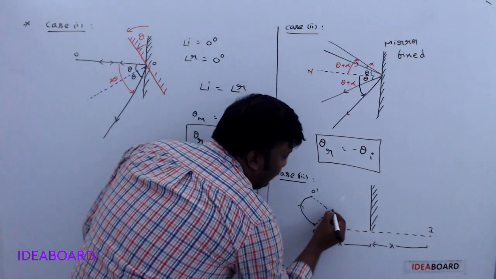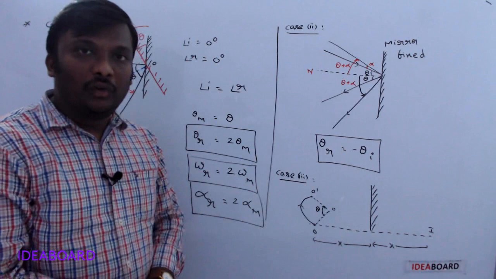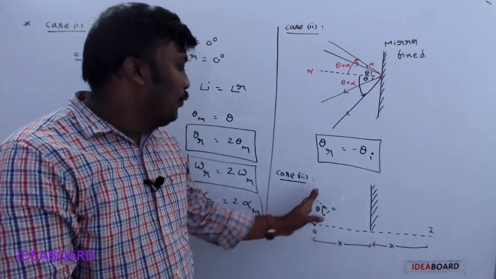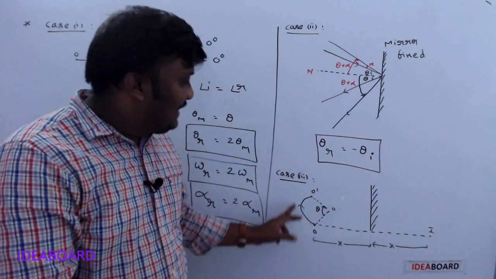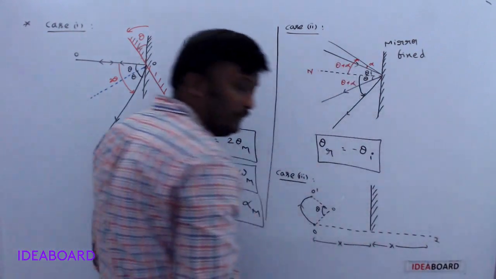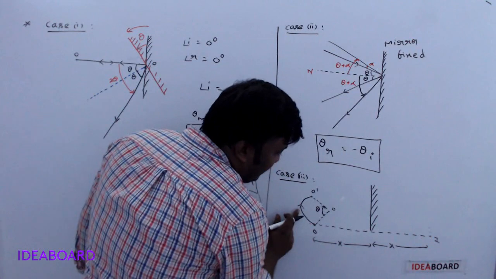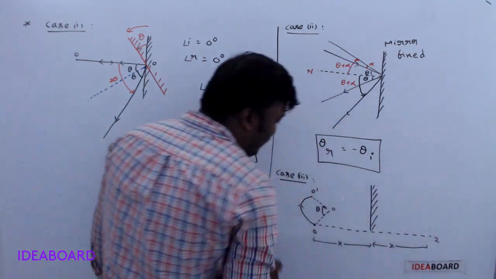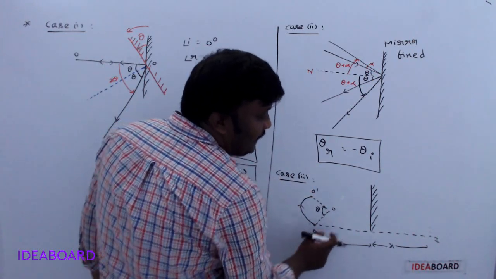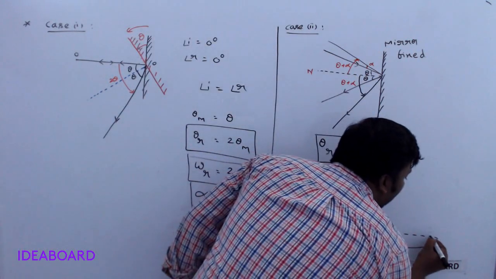It is in the form of an arc, so it makes an angle theta here. If the object distance increases, the image distance also increases. Again, the object reaches the point O dash exactly at a distance x, and the image I dash is also at the same distance.